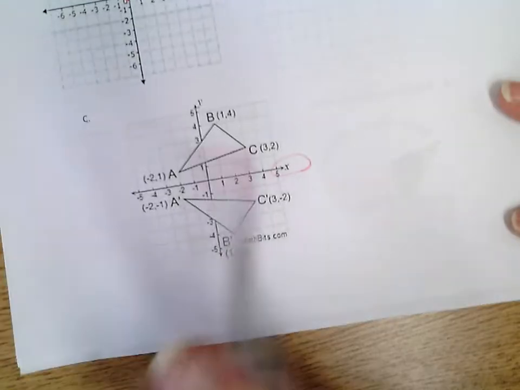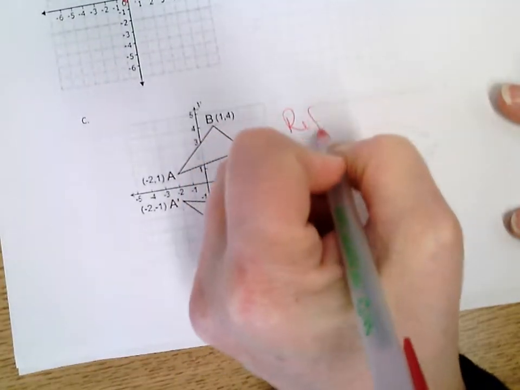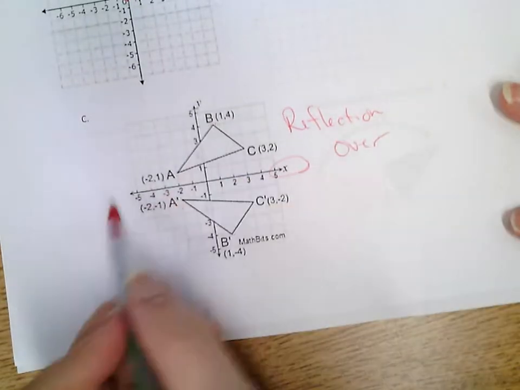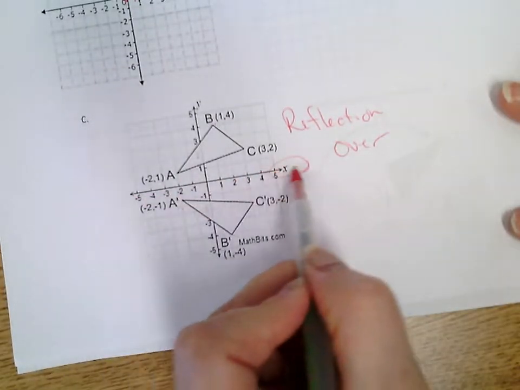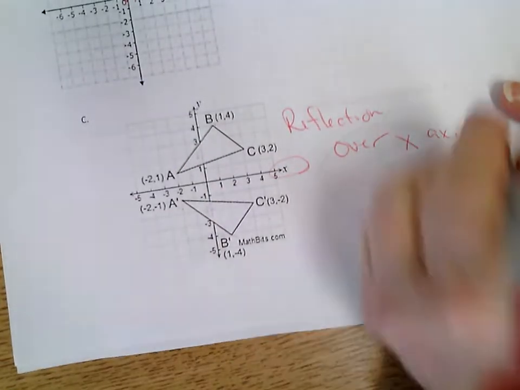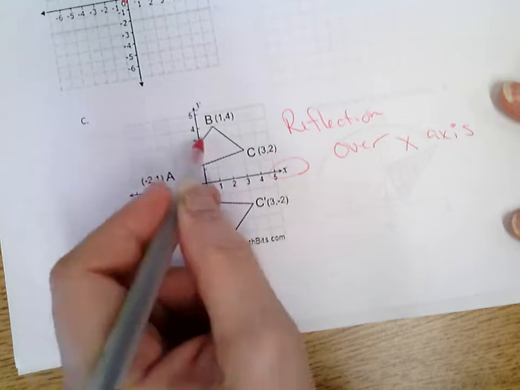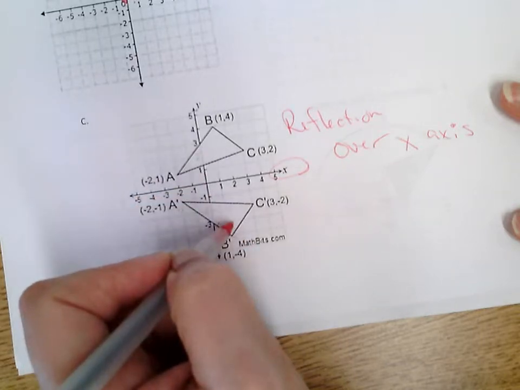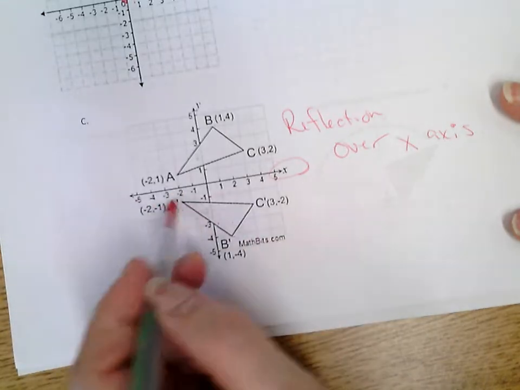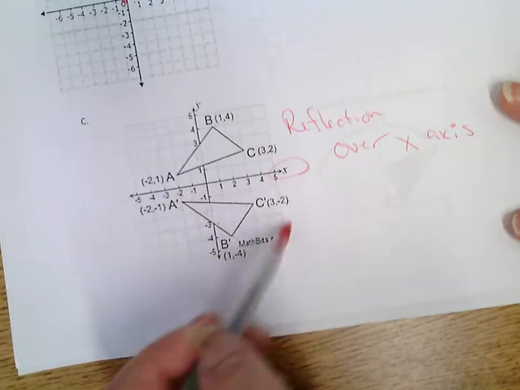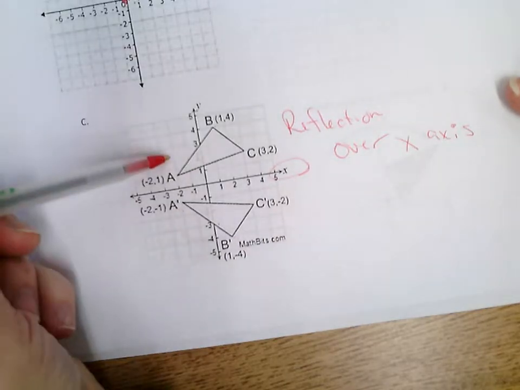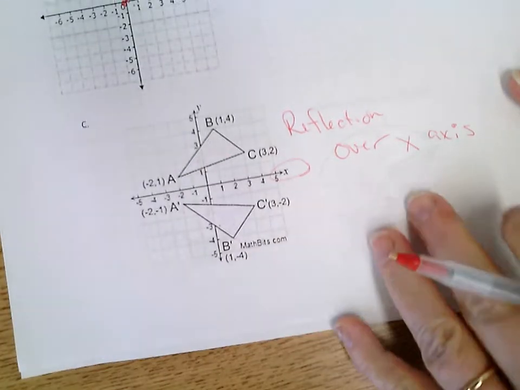There, you can tell that it's a reflection, and our line of reflection that we have right here is the x-axis. It's reflected over the x-axis. So everything from the image is on one side, everything from the pre-image is on the other side. That's our reflection.